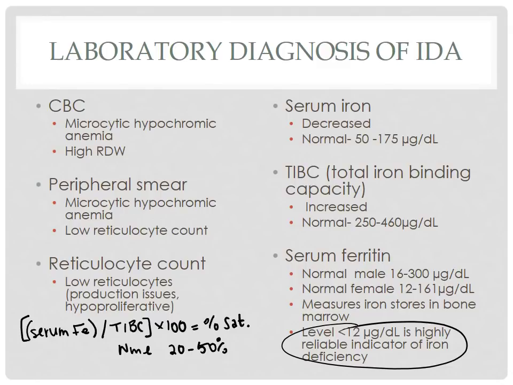So you can have a falsely elevated ferritin if there's other inflammatory issues or infections going on. So febrile illnesses or cancers, liver disease, any other inflammatory diseases could cause you to have an elevation in the ferritin. Please also remember that a normal ferritin does not necessarily rule out iron deficiency because of that.